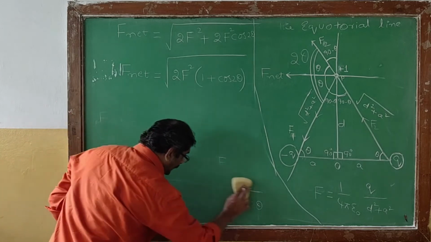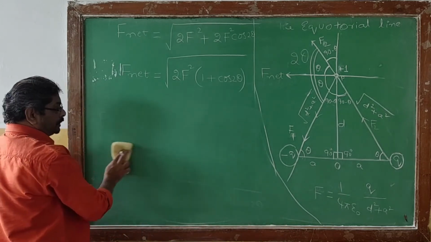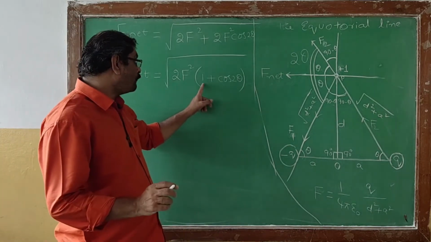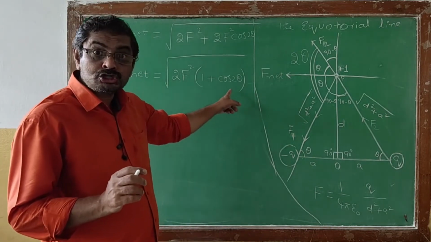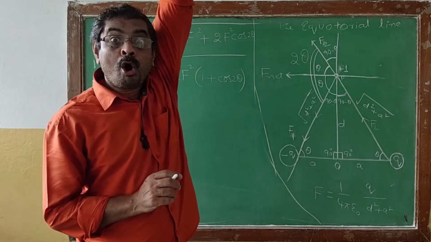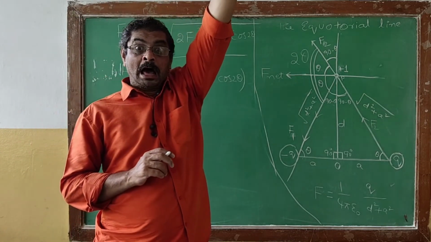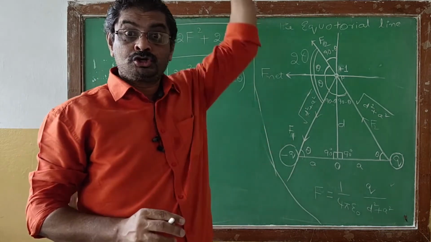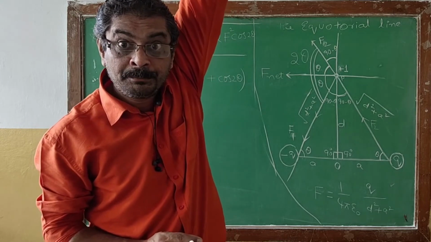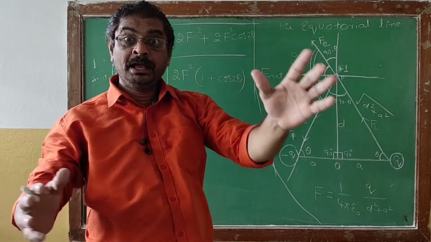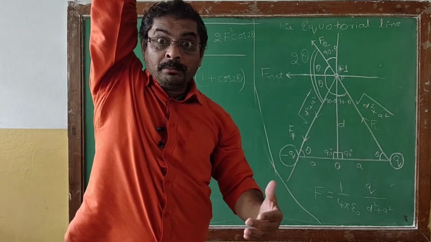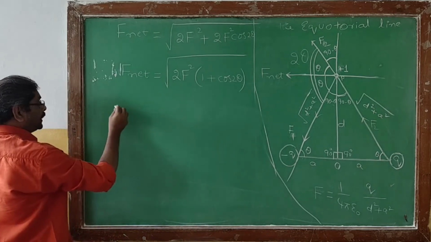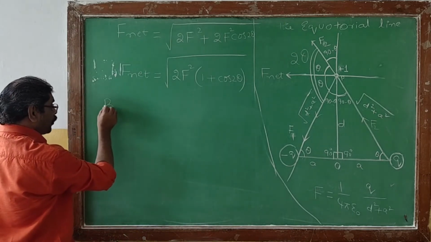So now can anybody tell me what will be the value of 1 plus cos 2 theta? Remember, the BPC people, MPC are already aware. In trigonometry we have a formula.